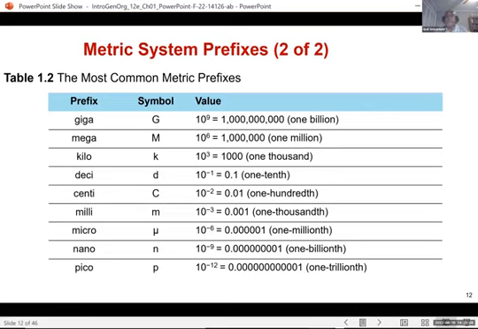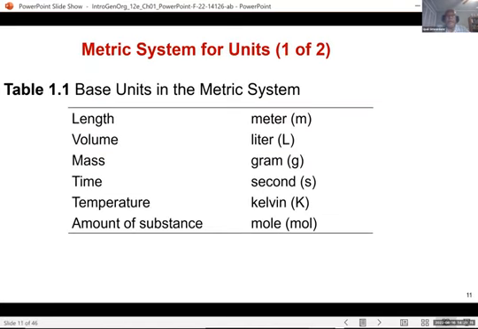Okay. The units of the measurement also use prefixes. Let me see units. Can you see my PowerPoint slide on units now? Yeah. All right. There are 7 basic measurements: length, volume, mass, time, temperature, and amount of substance.